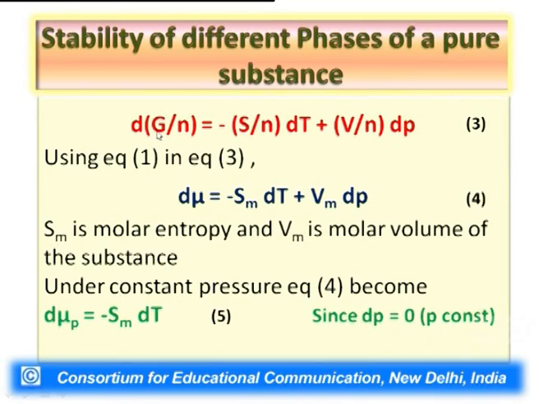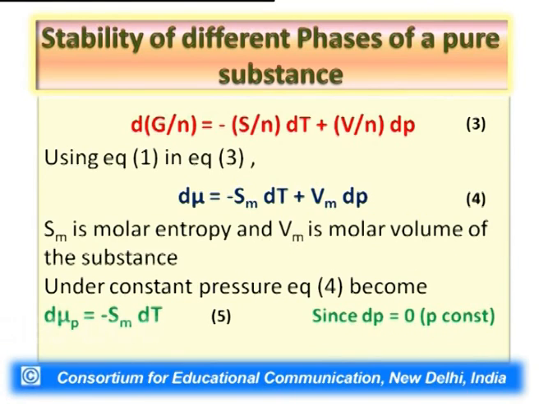So, if we make use of equation 1 in equation 3, what we get is dG by n, that is d mu, equal to minus S by n, that is Sm, the molar entropy, into dT, plus V by n, that is Vm, the molar volume, into dP. Sm is the molar entropy and Vm is the molar volume of the substance.